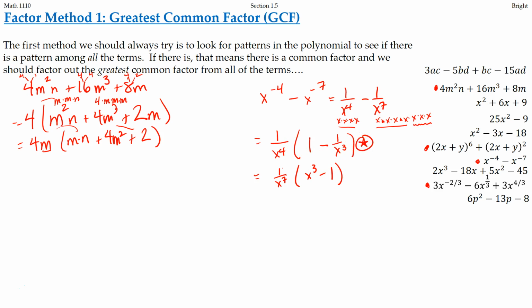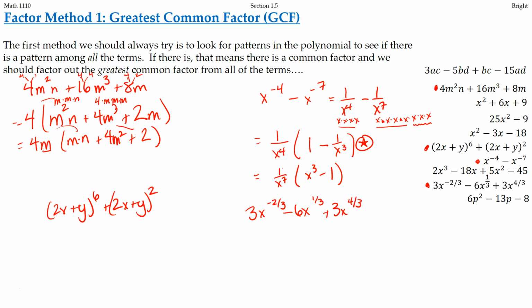For the other ones, I'll write them out here. 2x plus y to the 6th plus 2 in parentheses 2x plus y to the 2nd. So that's another one, and then the last one that we would do is 3x to the minus 2/3 minus 6x to the 1/3 plus 3x to the 4/3.